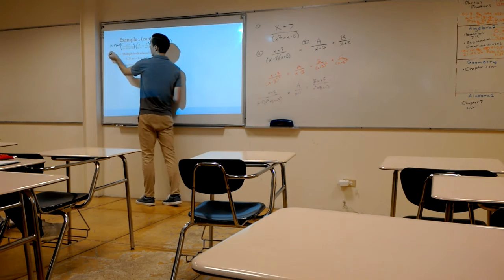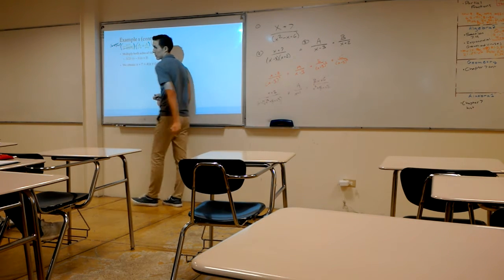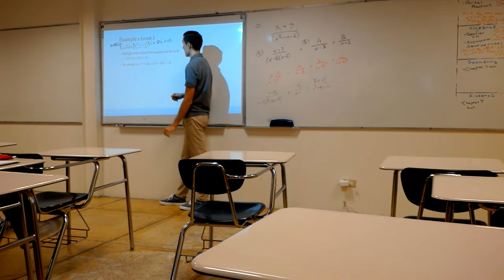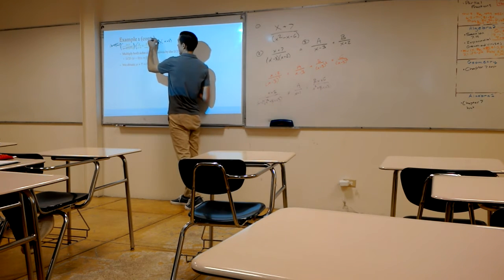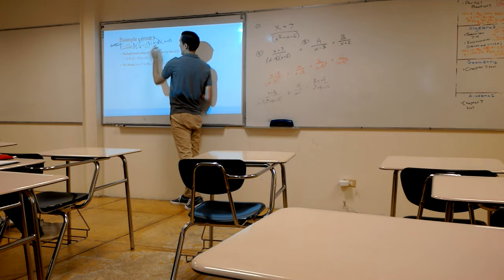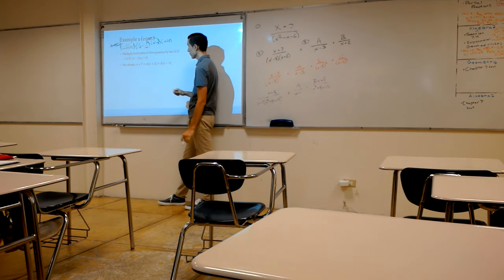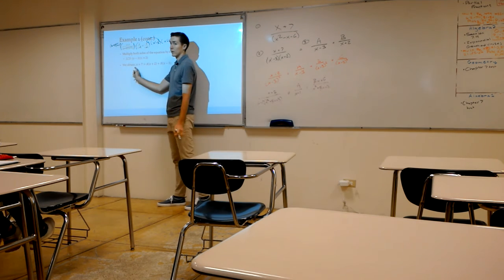On this side, it's kind of obvious, that all cancels. On this side, when I take this and distribute here, the x minus 3 cancels, leaving just A times x plus 2. And then when I take this and multiply it here, the plus 2 cancels, leaving x minus 3. Leaving me an equation like this.